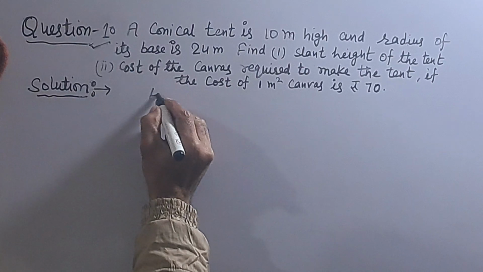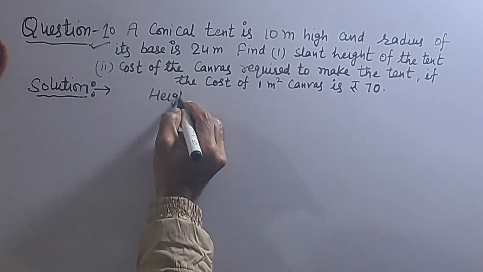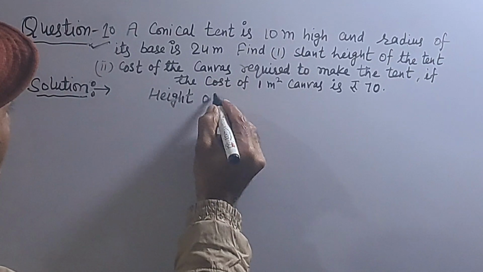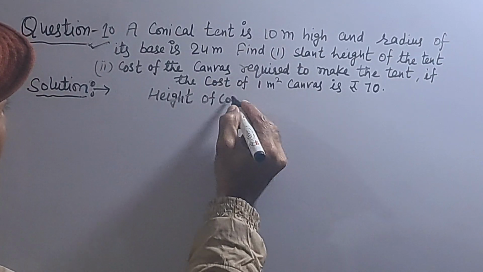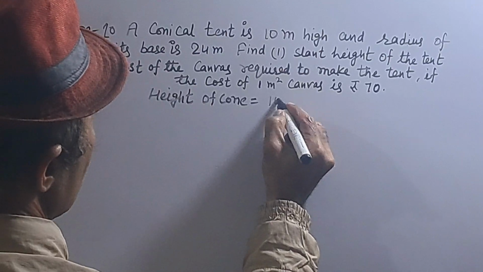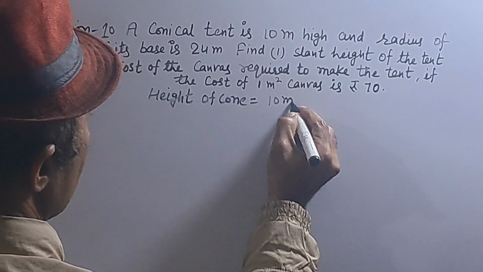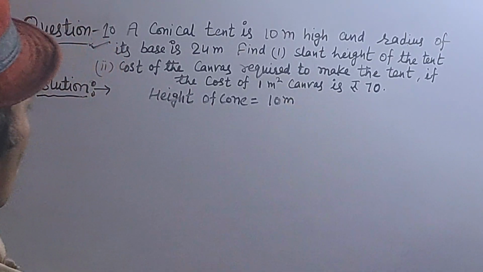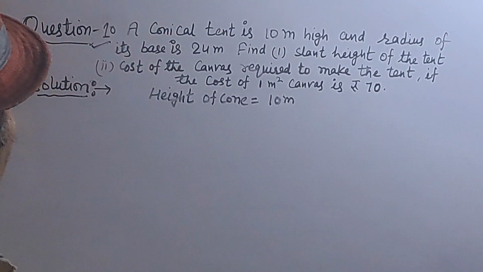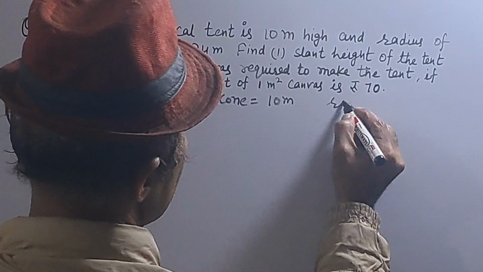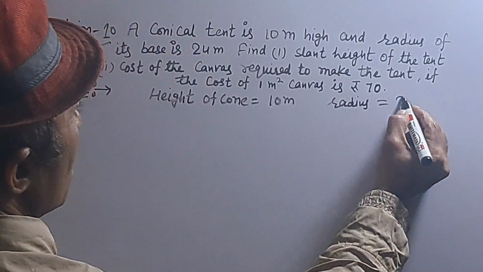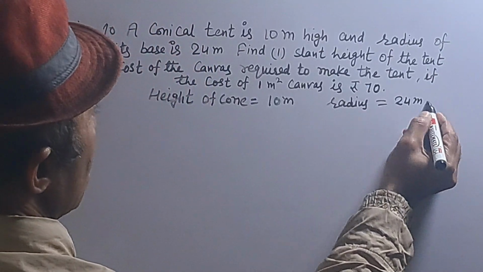Height of cone is equal to 10 meter and radius is equal to 24 meter.